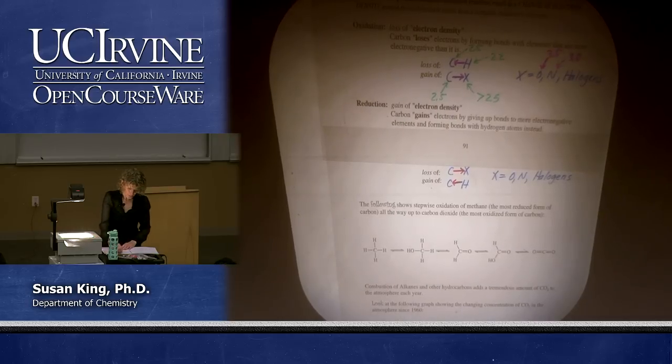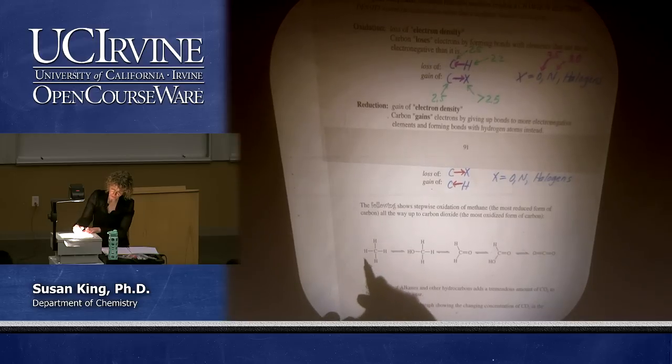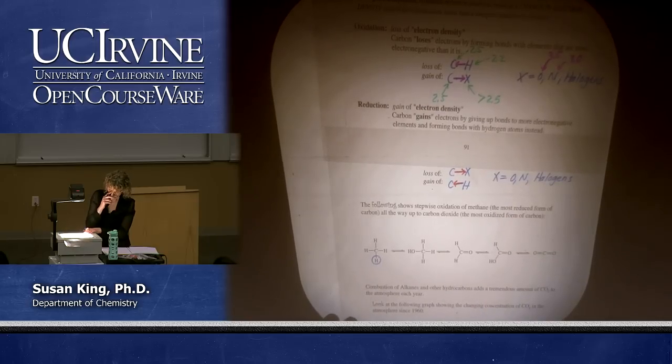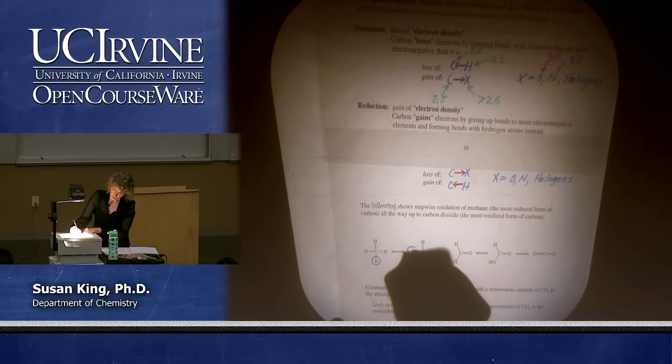So here's some examples where we're going all the way from methane to carbon dioxide, so complete combustion of methane. And so let's look and see what this looks like. Here we have carbon with 4 bonds. We've lost one of them, right? Any one of them, it doesn't matter. I probably circled the one that's not obvious, but we've lost a carbon hydrogen and gained a carbon oxygen.